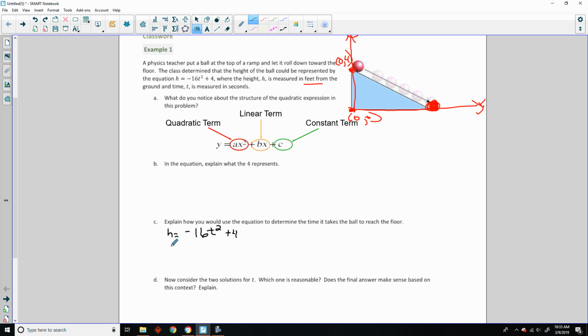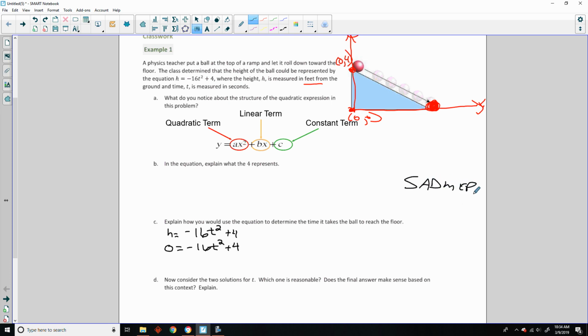We want h to be 0, so I'm going to say 0 equals negative 16t squared plus 4. And what is our unknown? Our unknown is the t. So I want to get t by itself. So we do the inverse operations of the order of operations, PEMDAS in reverse, which I call SADMAP.